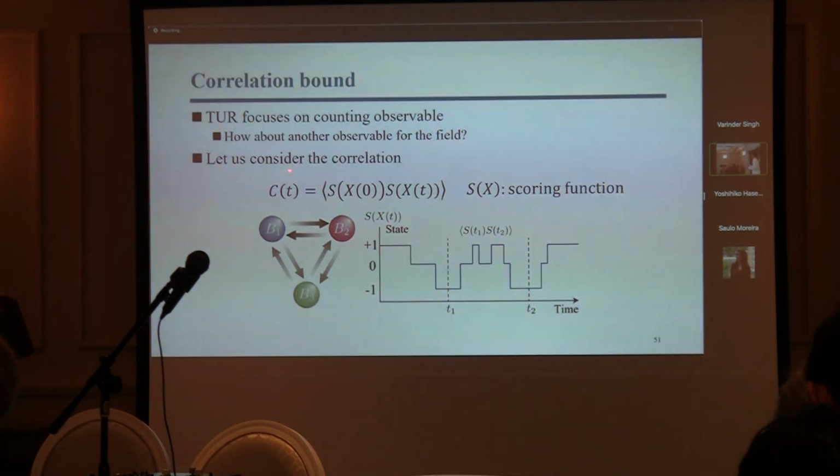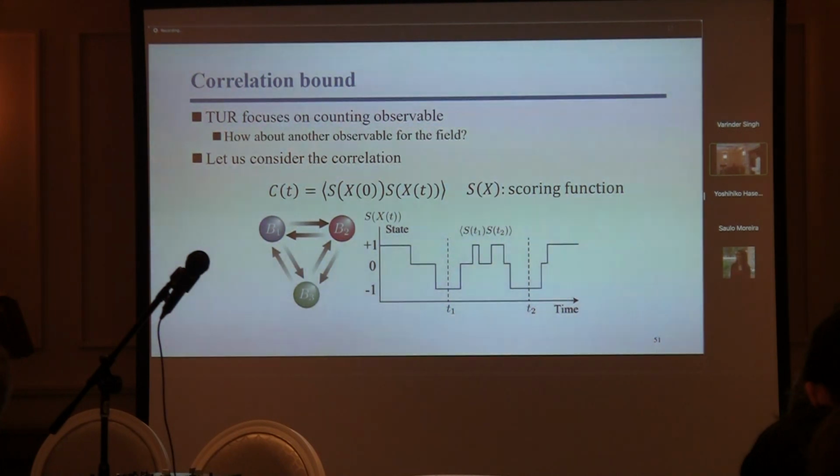Suppose we are interested in the correlation. So this is a classical stochastic process having three states. And let us define a scoring function which returns some real value for each state. So suppose if we have three states, for instance, then the scoring function would be -1, 0, and +1.